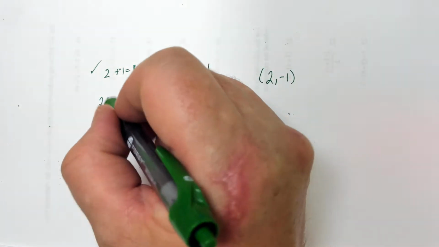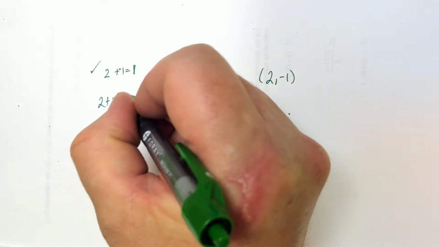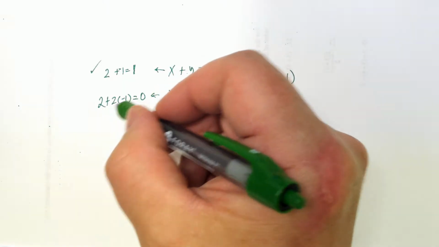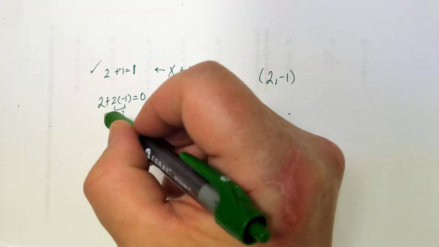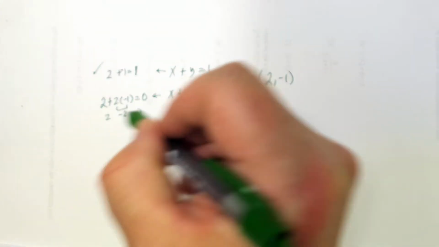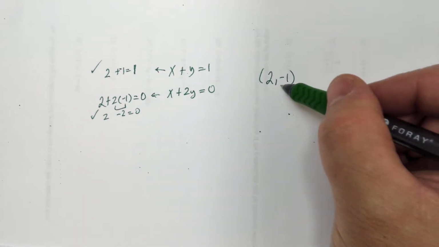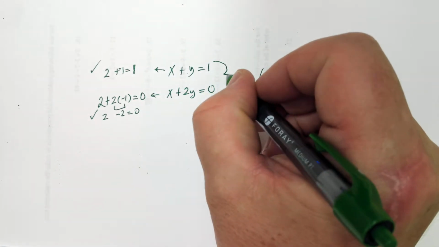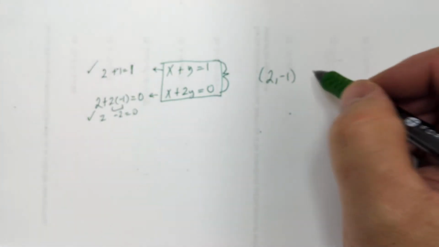And then plus 2 times y, which is -1, equals 0. So that's -2 right there, right? And that's true also. So this is a solution for both equations. That means it's a solution for the system, because as a system they work together at the same time. So that's the solution for sure.